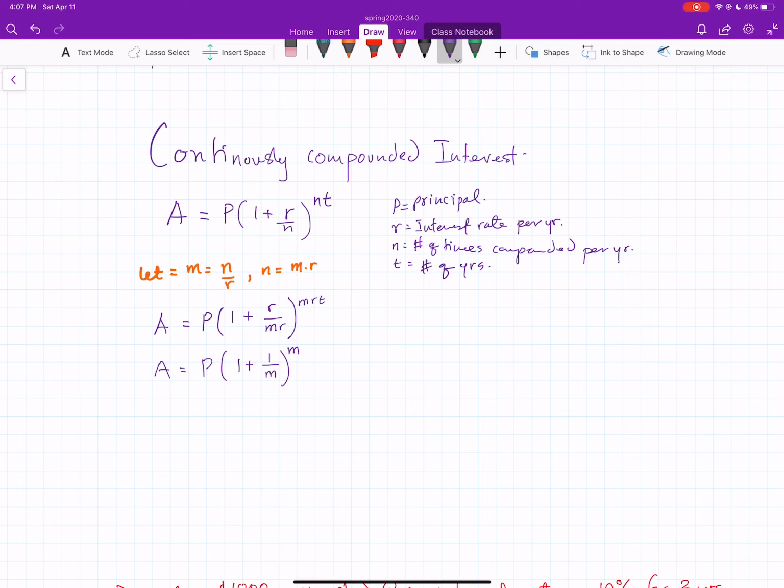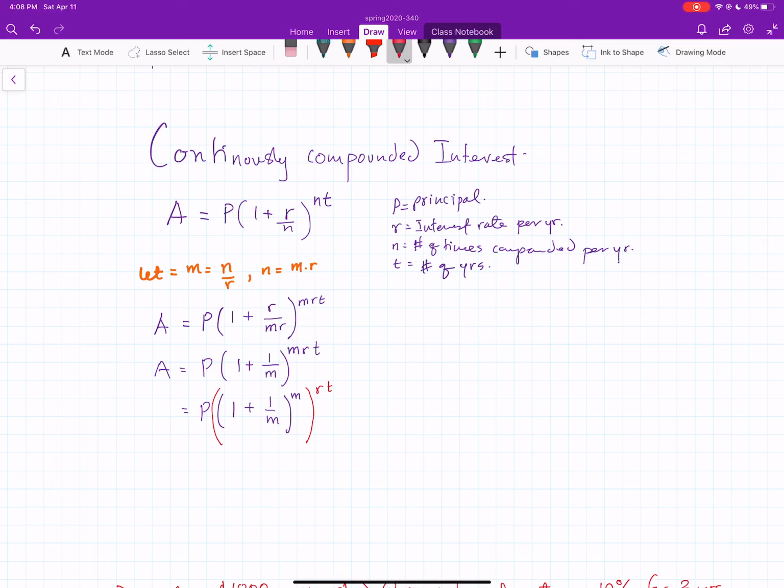Now let's clean up this expression a little bit so that we can see some interesting revelation. I'm going to apply some rules of exponents so that I end up with 1 plus 1 over m all raised to the m, and then, applying my rules of exponents, I can raise all that to the RT, which means exactly the same as the second line I have over here.